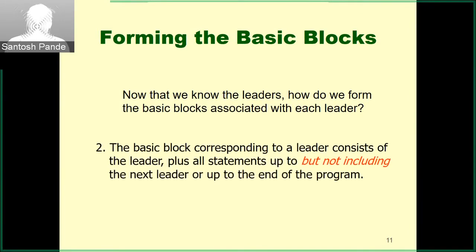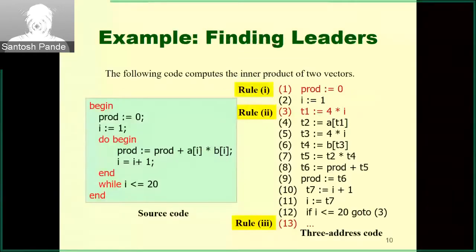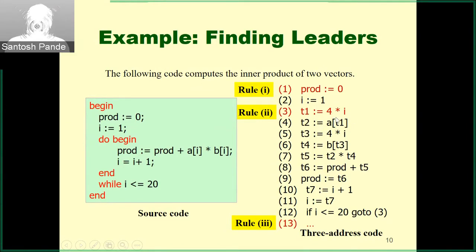So of course, just knowing basic blocks will allow us to do certain analysis within a block, but not across, because we don't know which block we are going to or coming from next. And so an example of that analysis could be that in this case, 4 times I in statement number 3 and 4 times I within statement number 5, they are redundant.